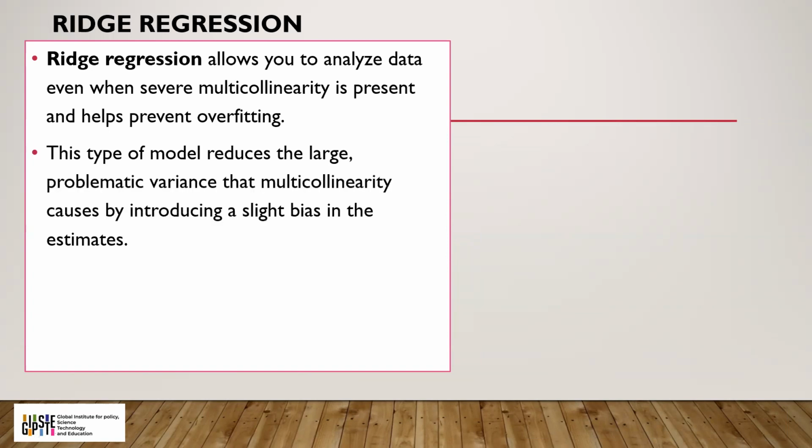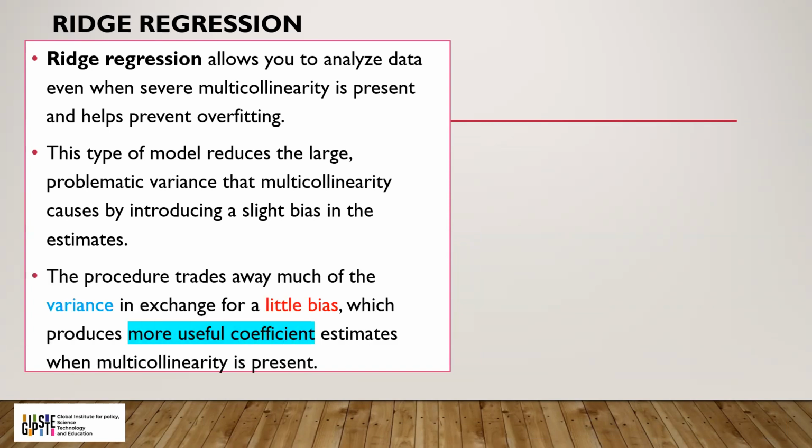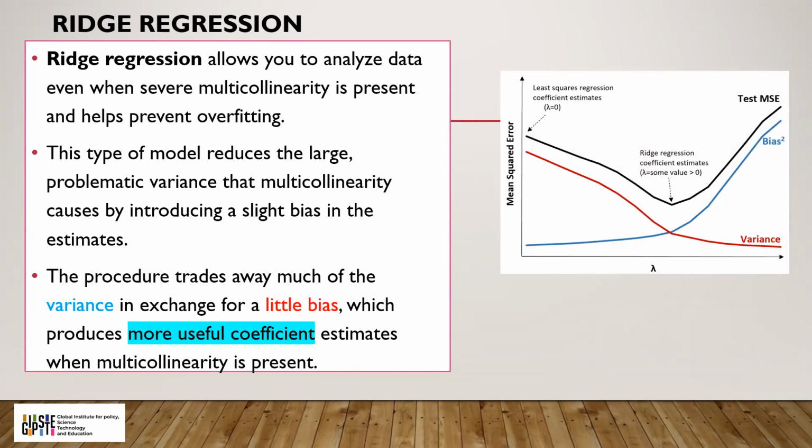This type of model reduces the large, problematic variance that multicollinearity causes by introducing a slight bias in the estimates. So you see that the procedure trades away variance in exchange for a little bias, which produces more useful coefficients.